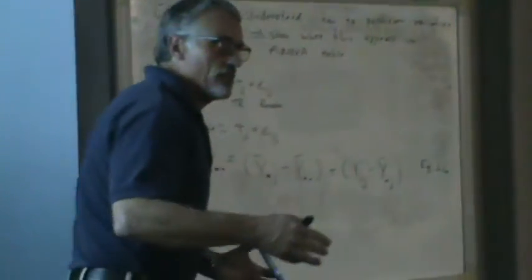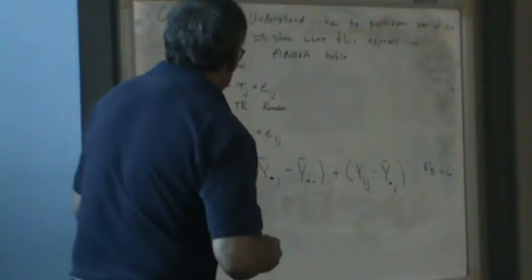The first thing is, when you introduce these dots, it means you summed over that index. Let's look at this first one, because I think it's the easiest.